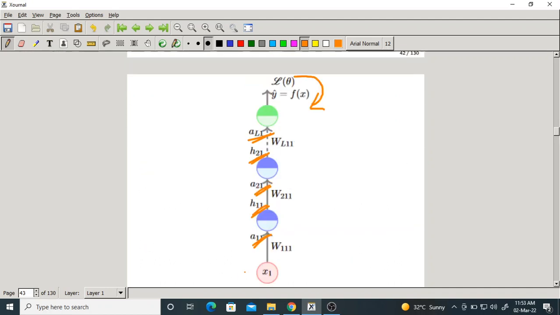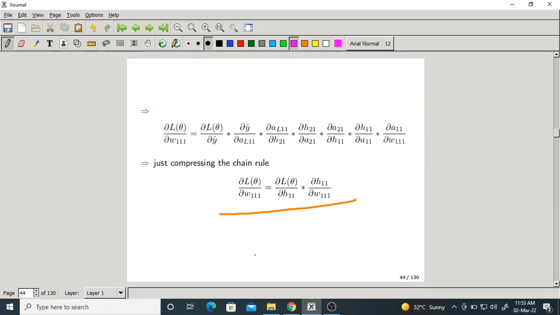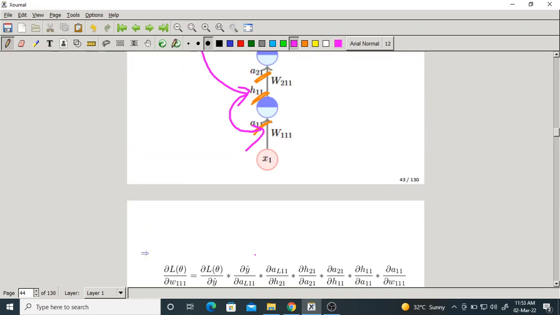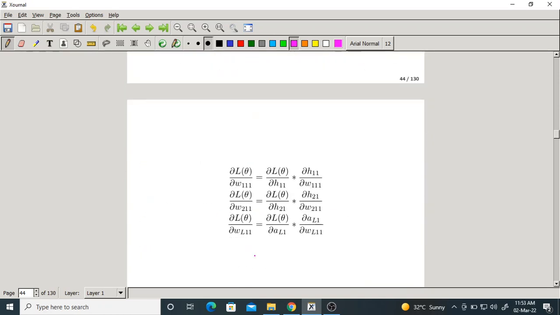From here to here we have come straight away. Next, here to here. In the same way, you can write for any other weight. This is the chain rule for finding the weight.